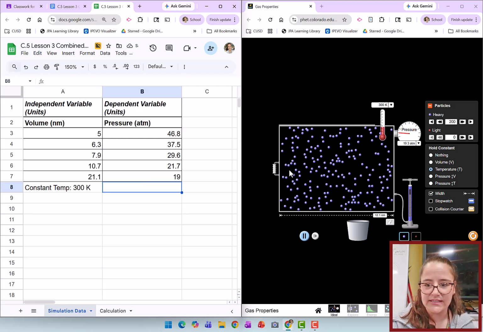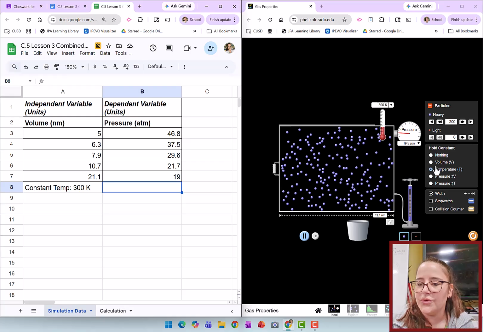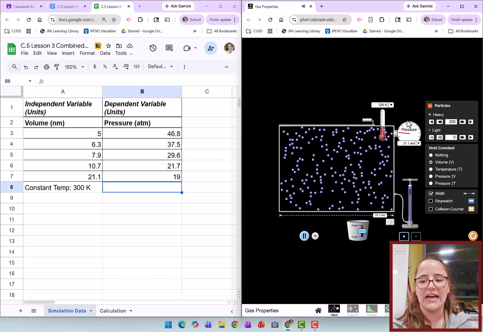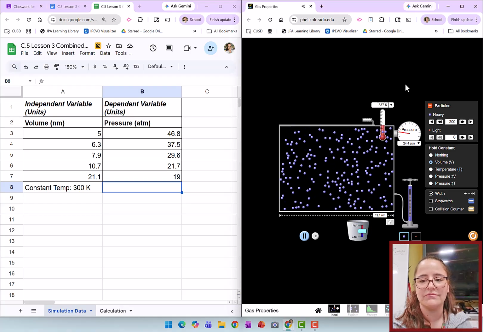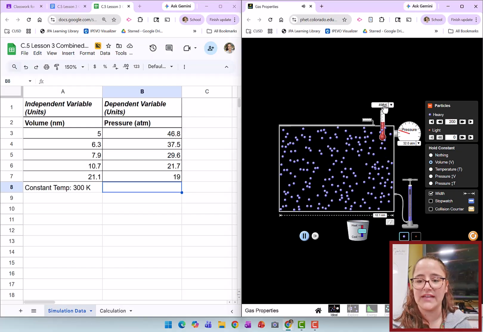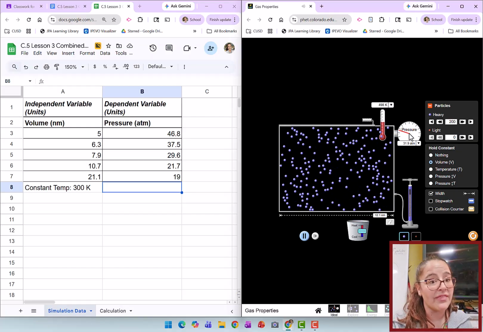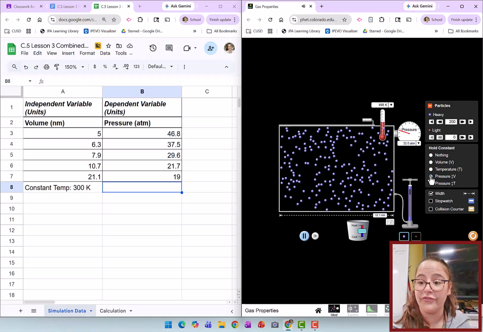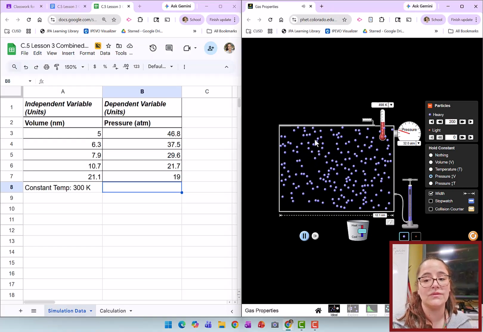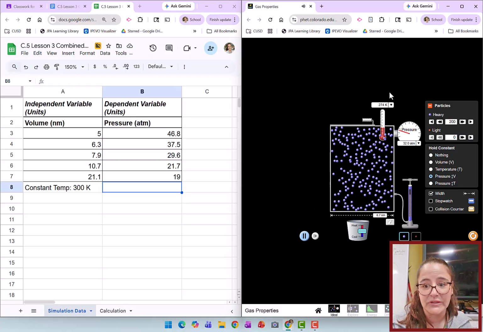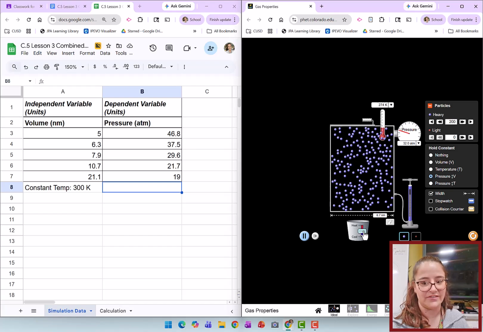Now there are other data sets you could get. You could have held the volume constant and seen how changing the temperature affects the pressure. That is another set you could have done. And the other one you could have done is the pressure with the changing volume, which holds the pressure constant, and we can see how changing the temperature affects the volume.